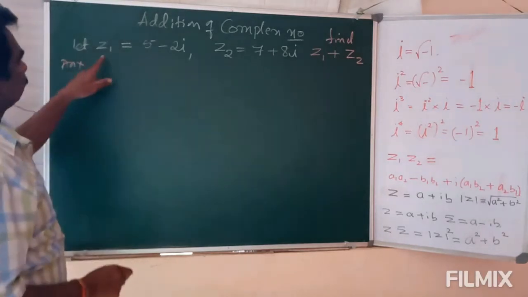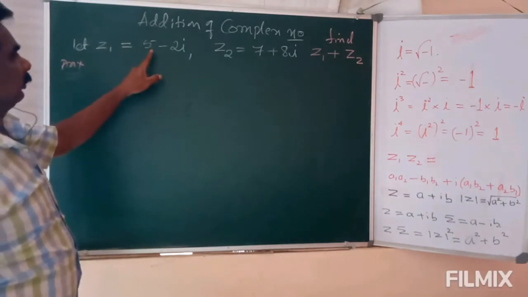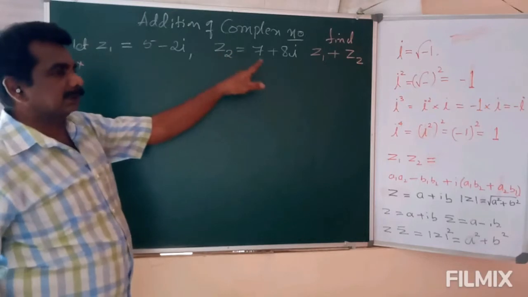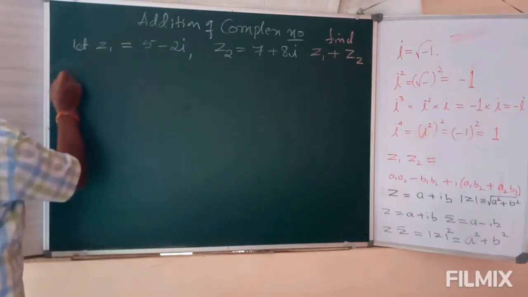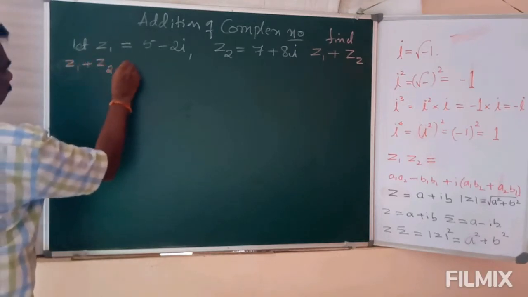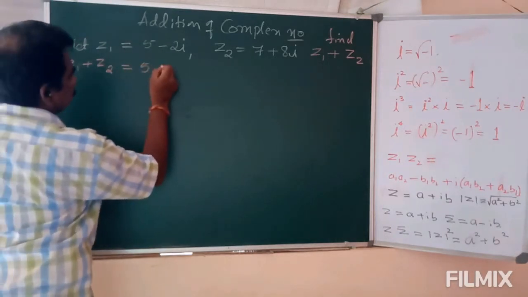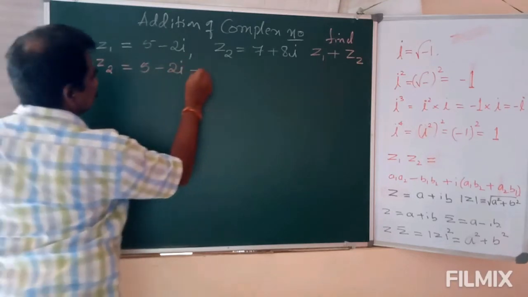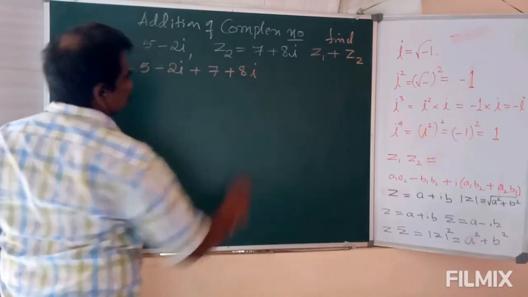Given Z1 is equal to 5 minus 2i, Z2 is equal to 7 plus 8i. Z1 plus Z2 is equal to 5 minus 2i plus 7 plus 8i.